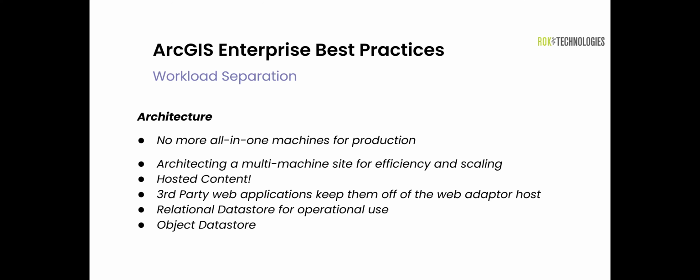Having that workload separation, where all the components are on their own resources, allows you to scale what's needed. As your site gets bigger and you recognize that ArcGIS Server is the workhorse engine of ArcGIS Enterprise, then maybe we just focus on giving the resources that server needs, and the web server we can keep light. It doesn't need a lot of CPU and RAM compared to the ArcGIS Server side.